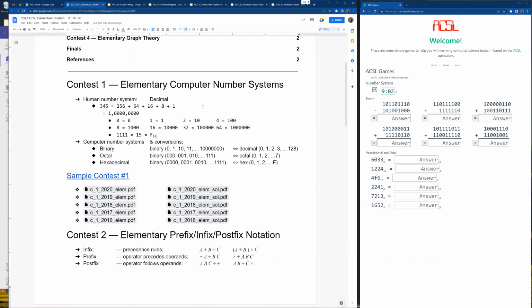It might take a little while for you to get these numbers down, but it shouldn't take really that long. That's what I can give you guys.